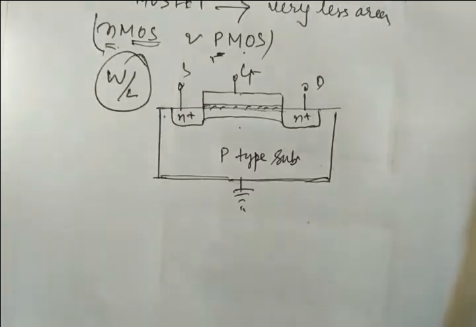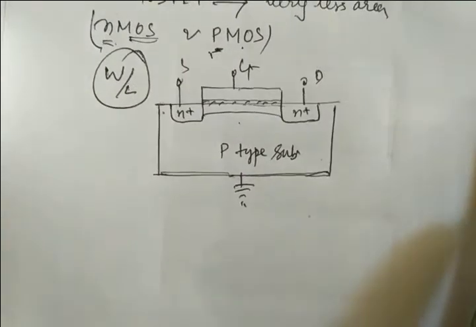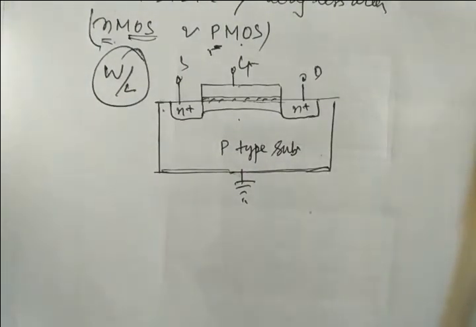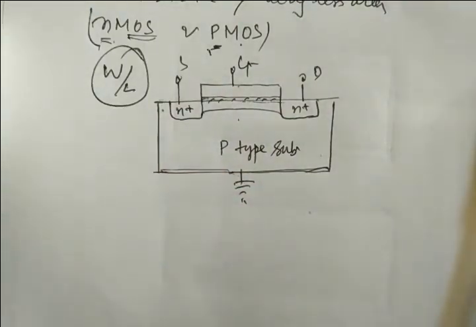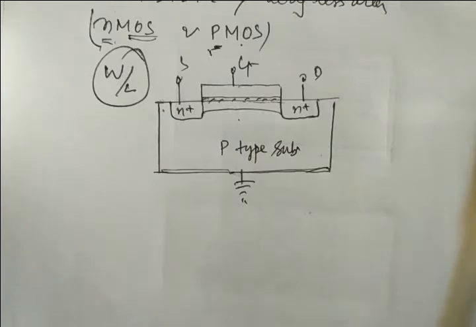Scaling means you can enlarge the device or make a smaller, tiny device. To do that you have to focus on various parameters, which I was just mentioning: the length, the width, the oxide thickness, the supply voltage, the acceptor concentration, the donor concentration, and also power and delay. Each and every parameter is associated with it, and by adjusting these parameters we can scale any kind of device.